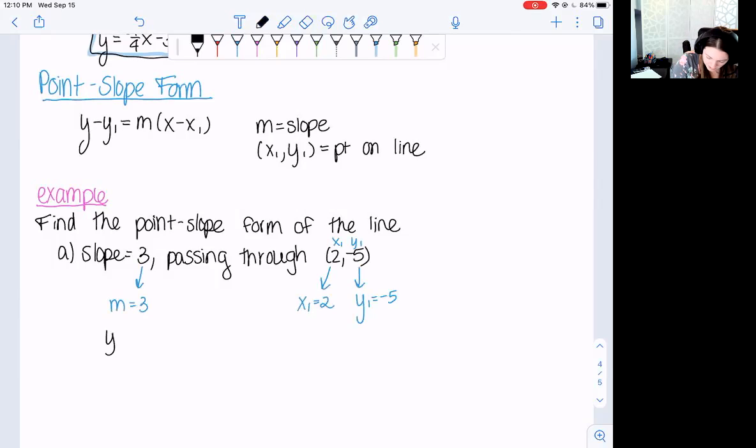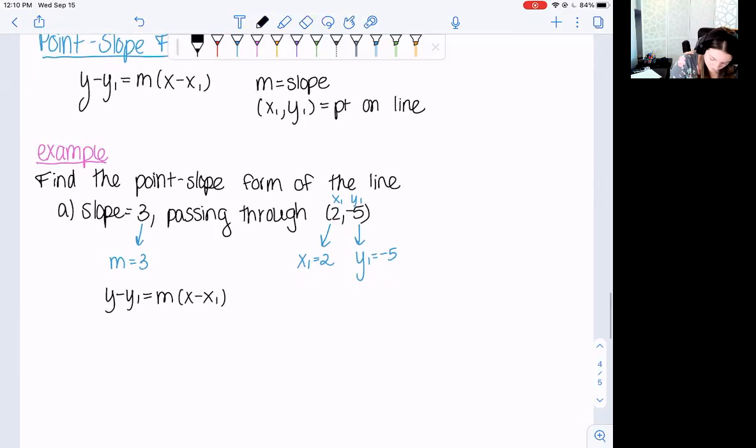Our formula is y minus y1 equals m times x minus x1. So y minus y1 is -5 equals m is 3, x minus x1 is 2.